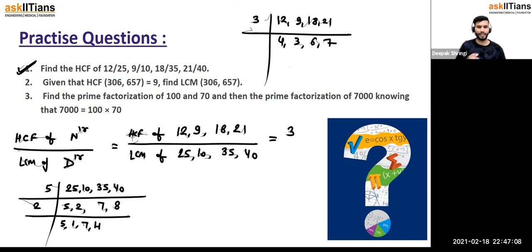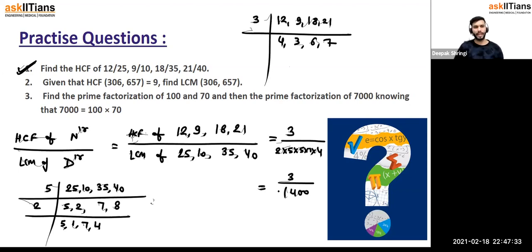Abhi we'll get nothing, right? So what is the LCM in that case? The LCM is gonna be, I'll write over here directly, 2 into 5 into 5 into 7 into 4, right? So it's gonna be 1400. 5 into 5 is 25, 25 into 2 is 50, 50 into 4 is 200, 200 into 7, correct?